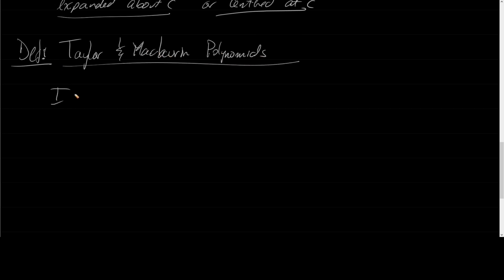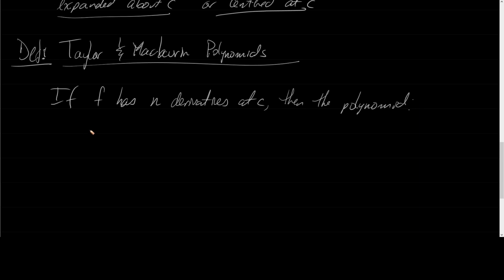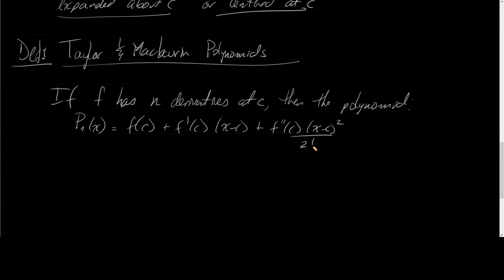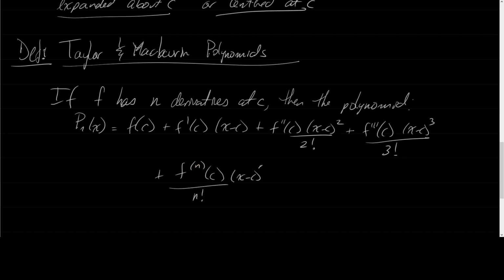And well, what are they? So let's say if f has n derivatives at c, then the polynomial p sub n of x being equal to f of c plus f prime of c times x minus c plus f double prime of c times x minus c squared over 2 factorial plus f triple prime of c times x minus c cubed over 3 factorial, so on and so forth up until our nth derivative at c over n factorial times x minus c to the n.